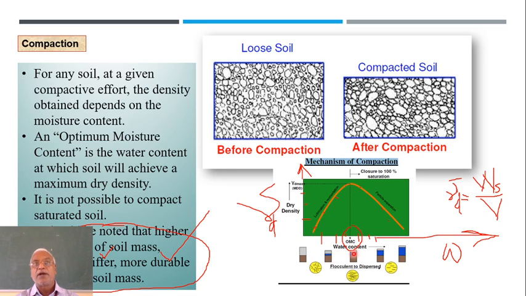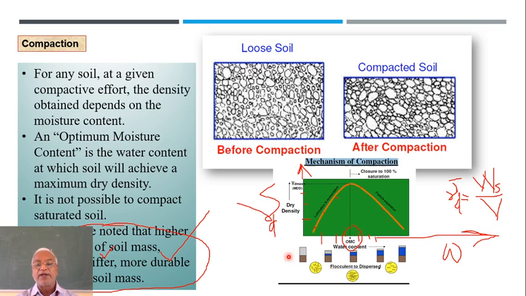Still more, add the water, volume still decreases, and then afterwards if you increase further water, what happens is the air voids may be remaining the same, but the volume of water will be adding to the overall volume. Because of that, the volume increases. As the volume increases, this ratio Ws by V, as the volume increases, gamma d decreases.